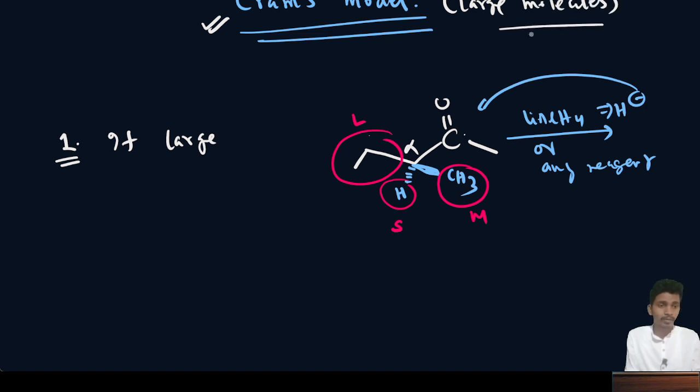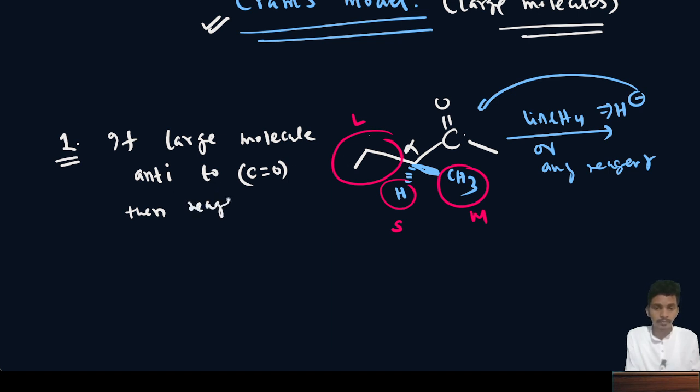Cram's model means the large group. If the large group is anti to the CO, then the incoming reagent attacks from the small group side.